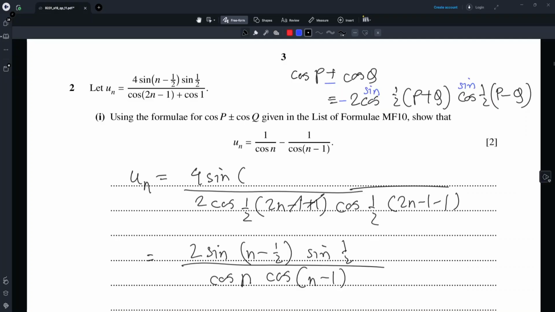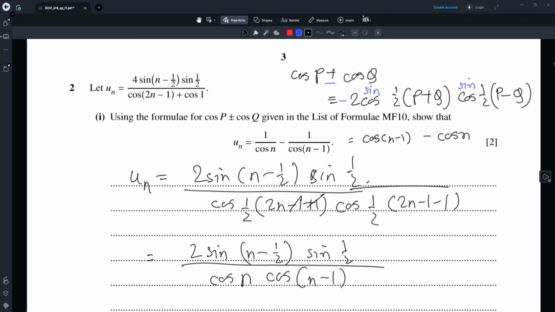I'm going to try making use of this formula here, which is if I rewrite this one, I'm going to get here cos n minus 1 minus cos n. I need to somehow bring it into such a form that I can rewrite this thing as 2 sine n minus half sine half, right?